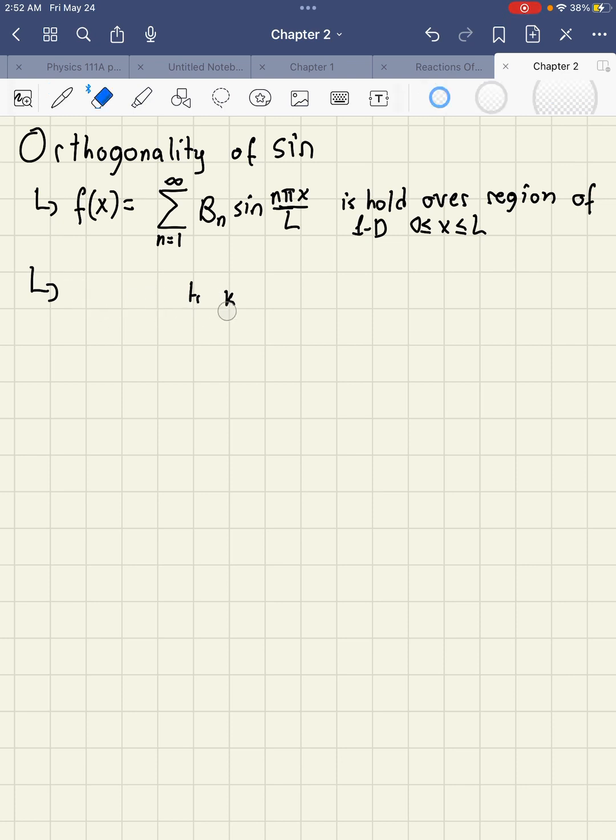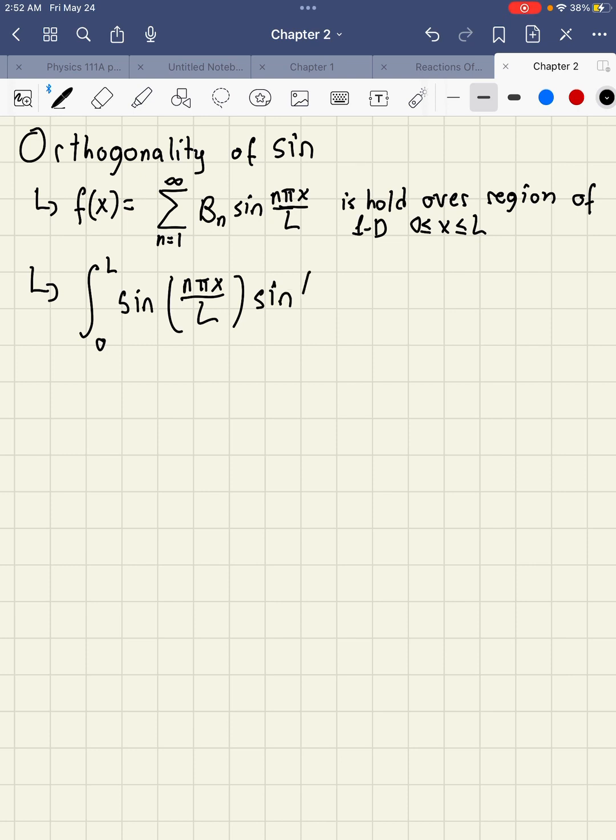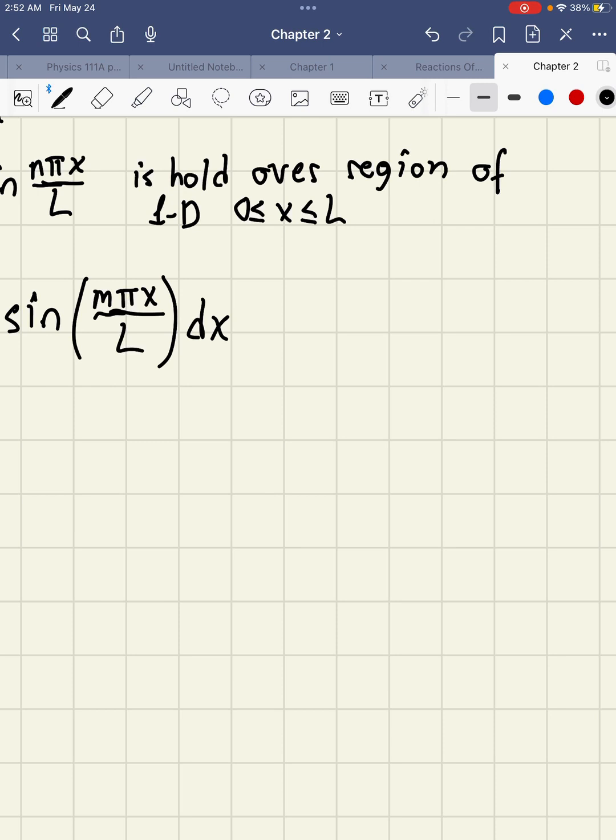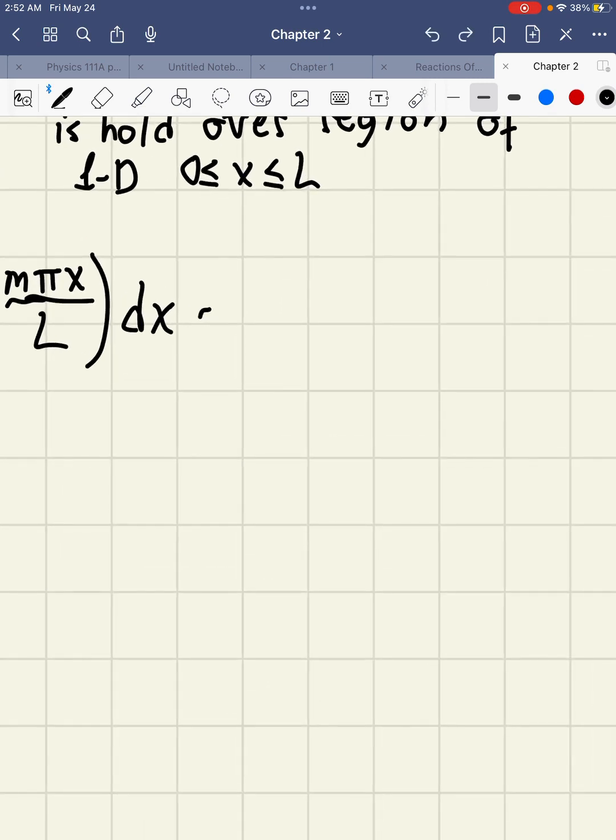The orthogonality of the sine means that going over the entire region, multiplying two sine functions that have different values of n and m, they are orthogonal to each other. Now this can be equal to two values.